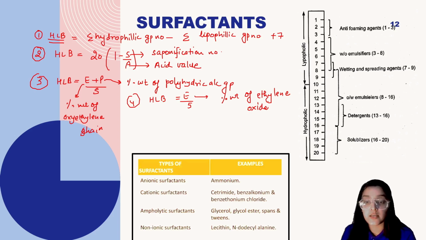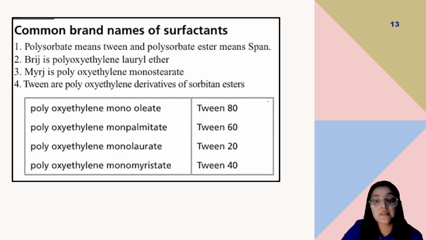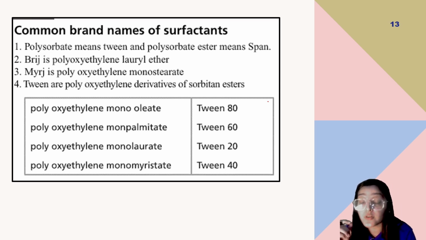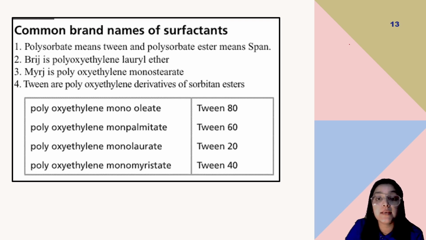asked from this topic. Okay students, here you can see that I have already discussed the Spans and the Tweens. Direct questions can be asked on this topic, so you should definitely mark these polysorbates and the Spans as very important.